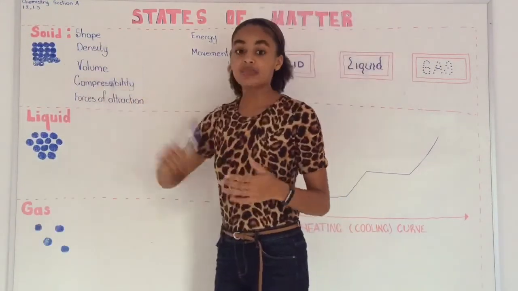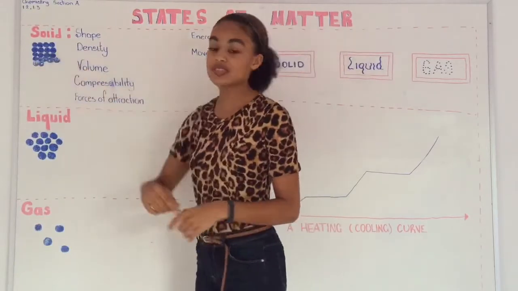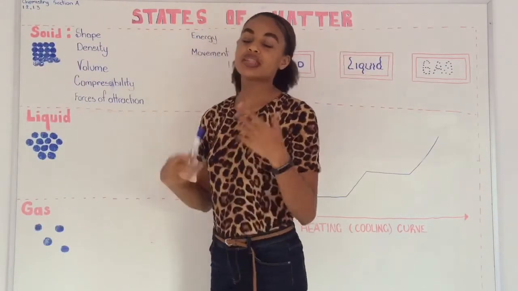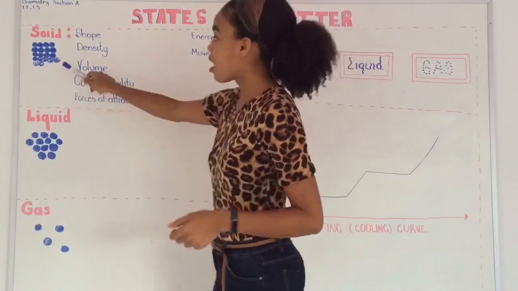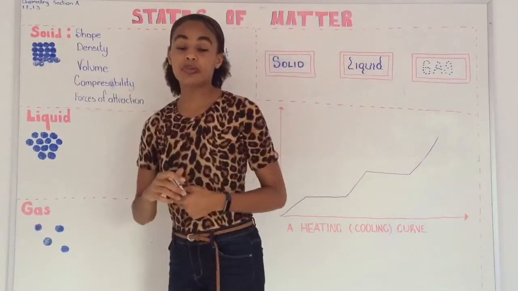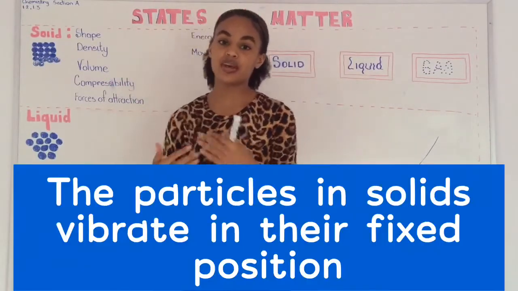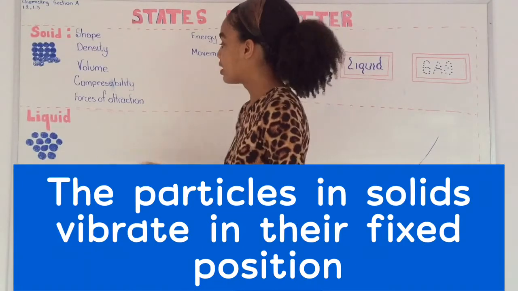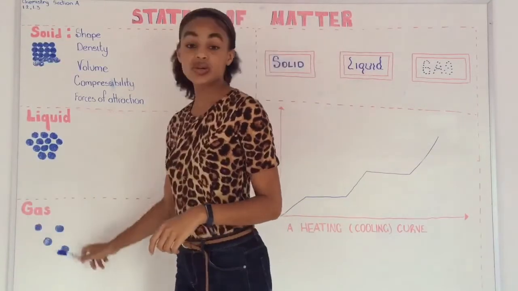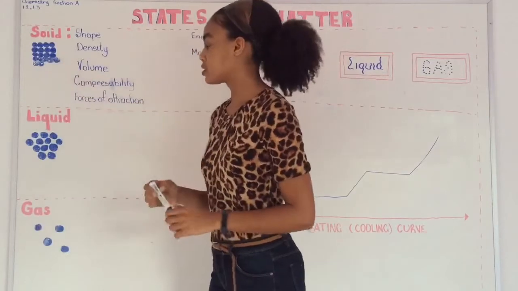Movement, again, because of how small the spaces between the particles are, we say there's little or no movement. What actually happens with the particles in solids, however, is that they vibrate. They don't get to move around like the particles in liquids or gases, but they vibrate.